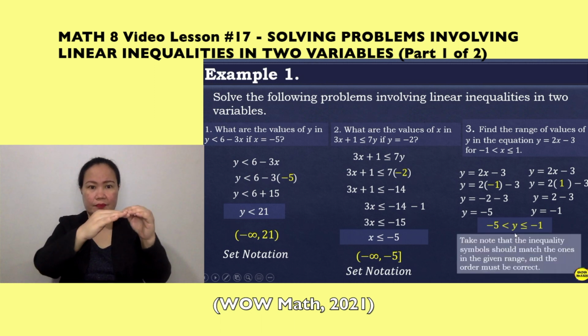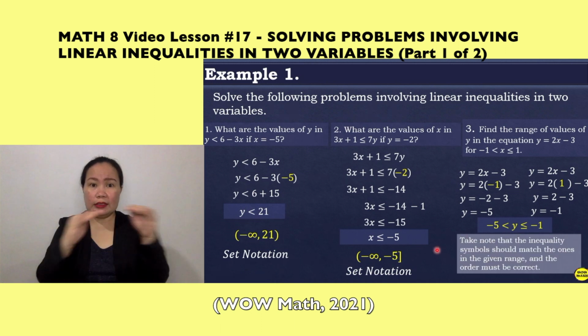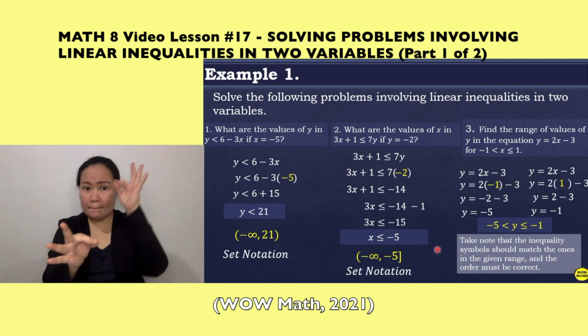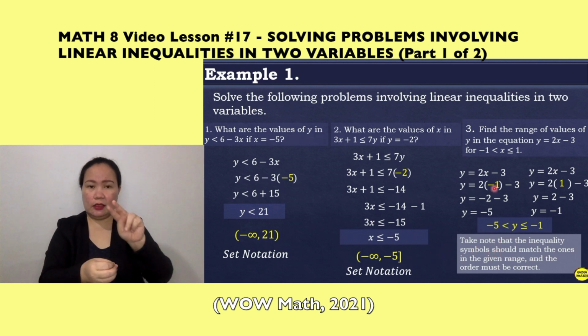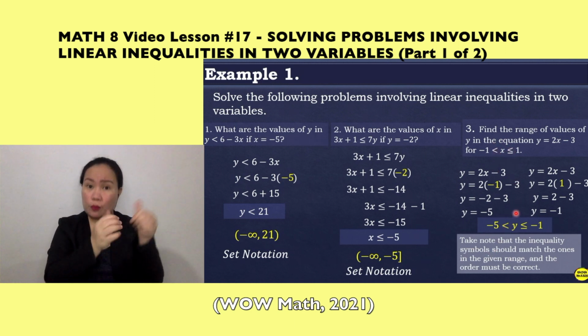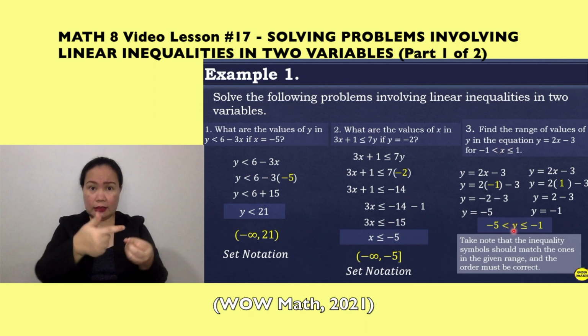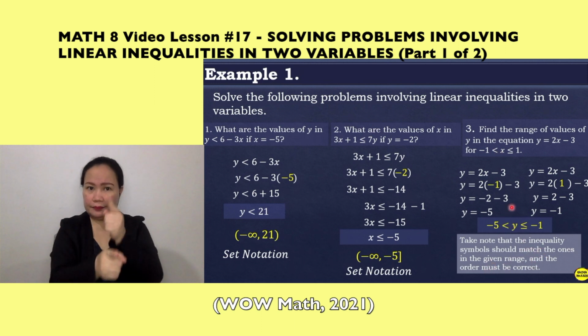So, tandaan, take note that the inequality symbol should match the ones in the given range. So, anong ibig sabihin nito? Dapat kung ano yung symbol mo dito sa given mo, since less than ito and then less than or equal to, yun din po ang gagamitin mo. So, dapat match sila. Kung ano yung nandito, yun din po rito. Okay? And the order must be correct. Hindi pwedeng ito greater than o kaya ito nandito, ito nandun.